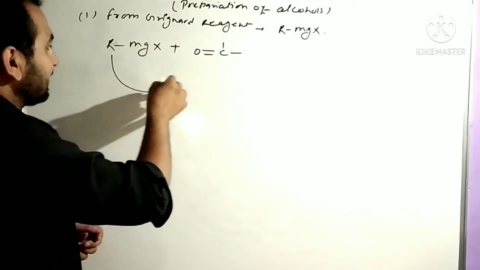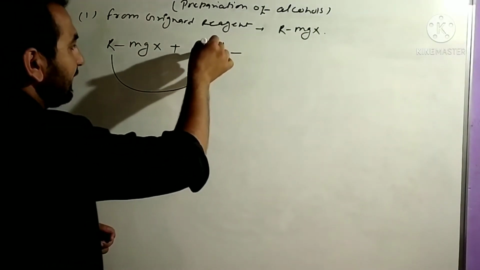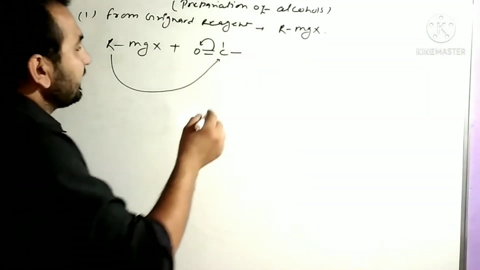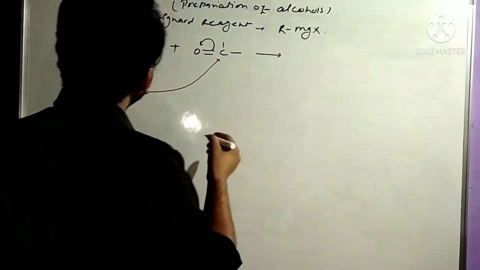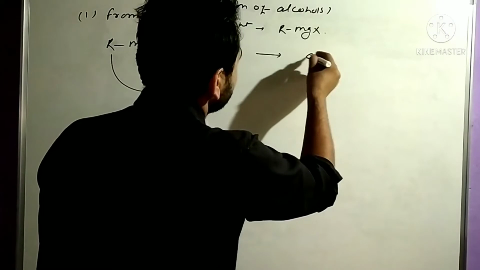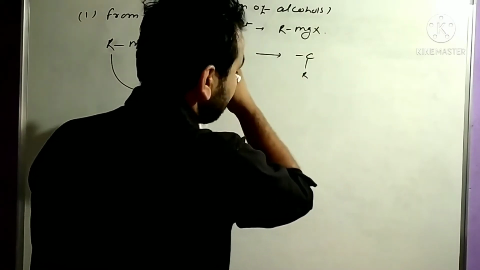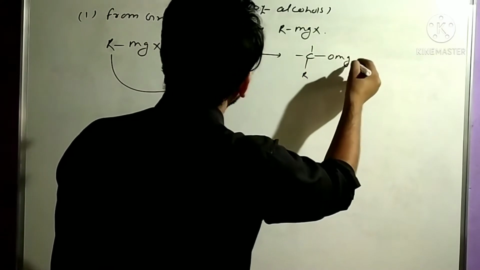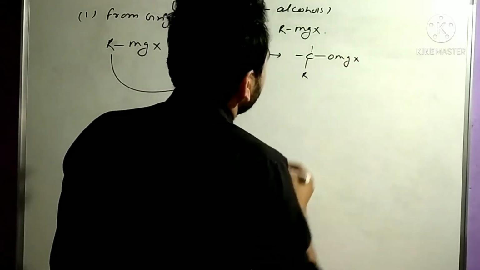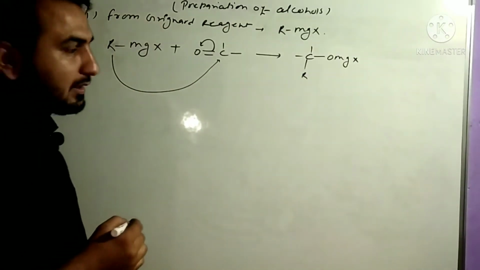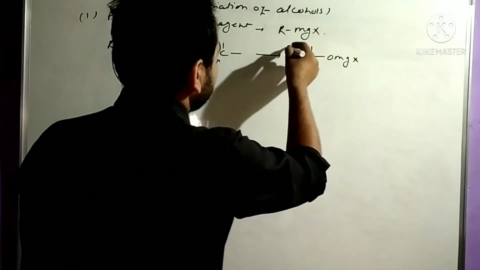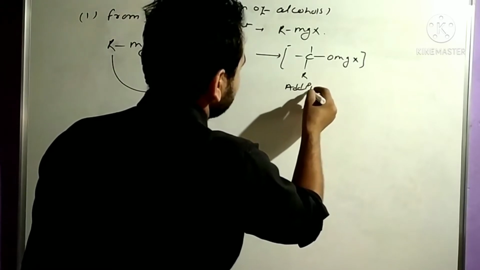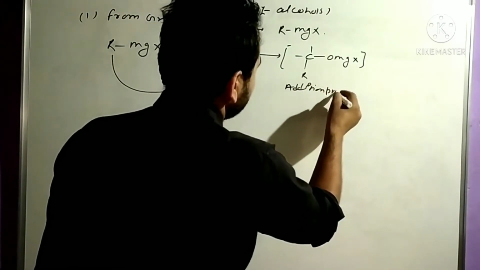This R is directly attached to this carbon, and the electrons shift towards the O, and an addition product will form in this manner: C, R, OMgX. So this kind of addition product is formed here. This is called the addition product.